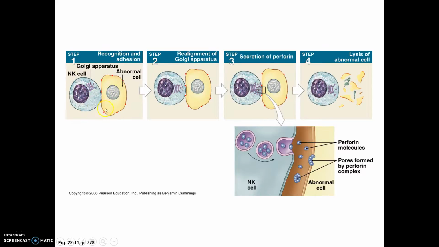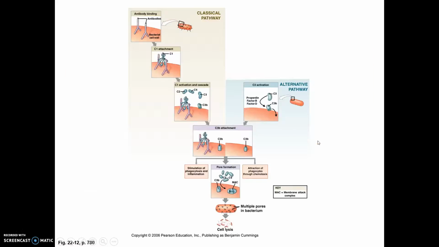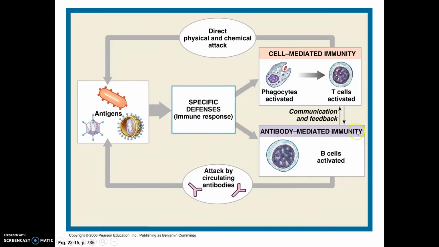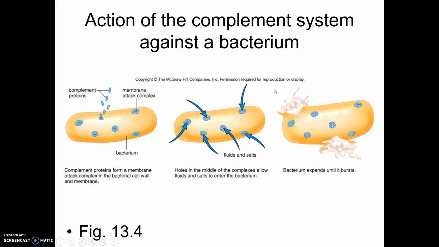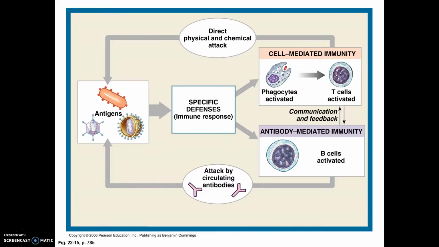They find cells that are infected and then kill them, like we saw in this picture here. Imagine this cytotoxic T cell going and making the direct physical attack, killing the abnormal cell. This especially happens when that abnormal cell is infected by viruses, because viruses tend to go inside of cells. Bacteria tend to stay outside of cells, even though some bacteria can go inside of cells.